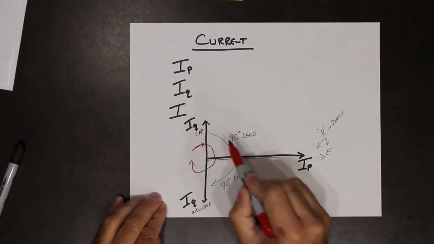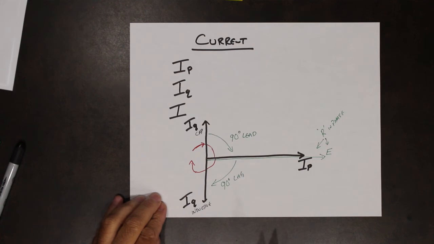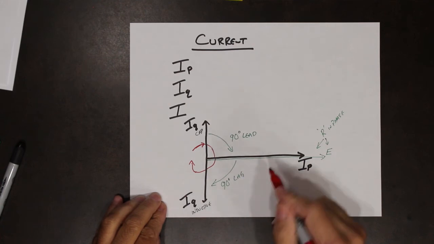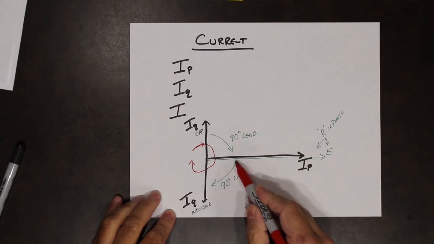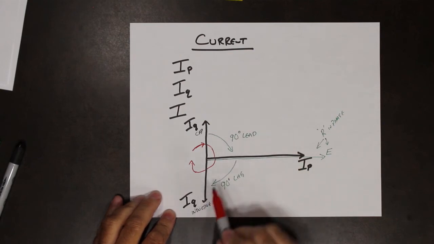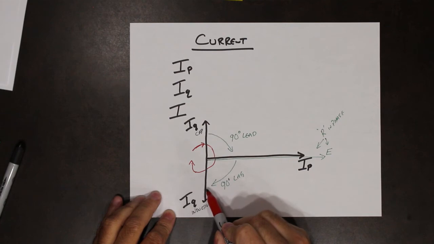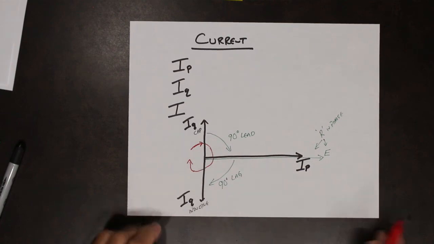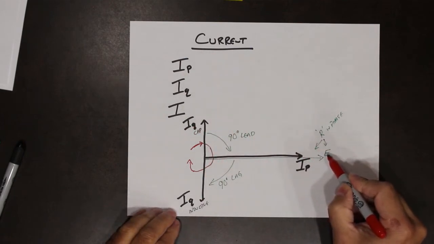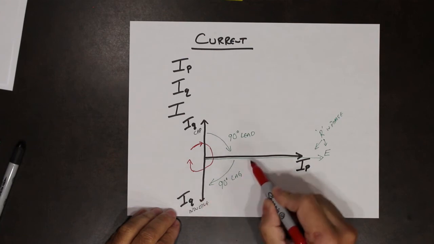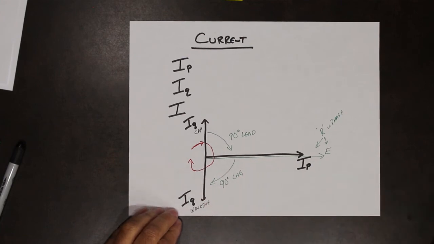It's ahead of this by 90 degrees. Then, after I pass this one, I then hit this one. So this one lags behind by 90 degrees. So this current leads the voltage. This current lags behind the voltage.